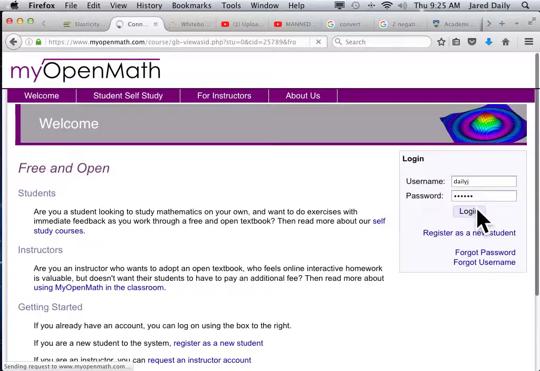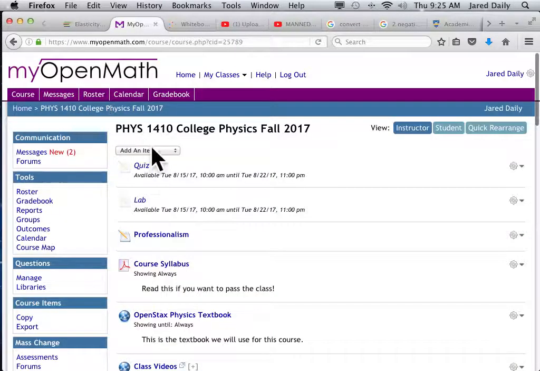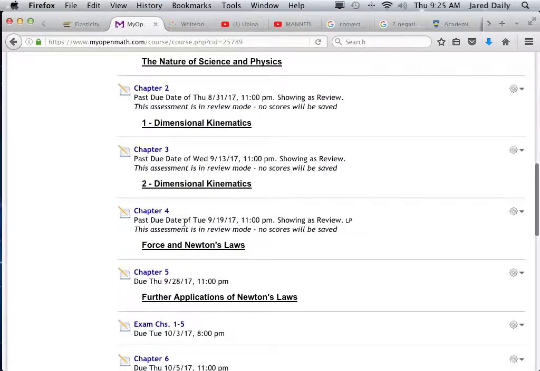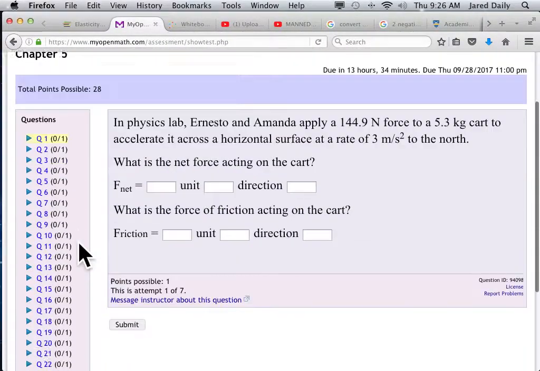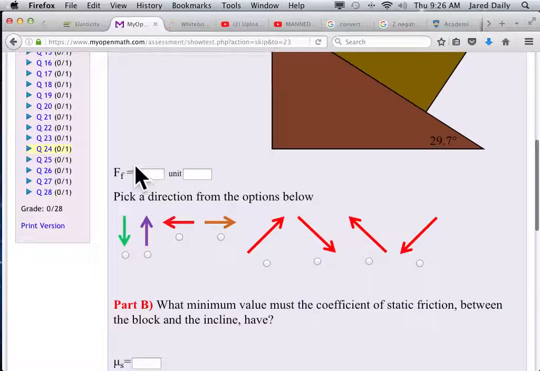Whoops. Okay, I'll try again. What was that, 24? 183.56, and let's see if we're right. Newtons, return.